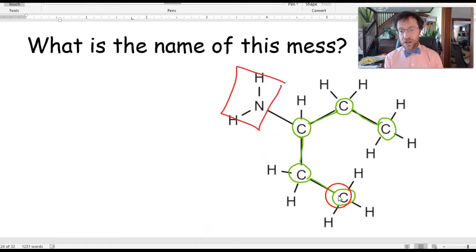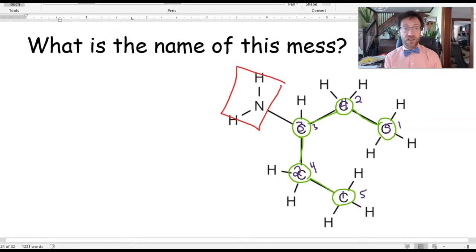This is my amine group. So I'm going to start counting from this side and number this 1, 2, 3, 4, 5. Okay, so that gives this number 3, and I'm going to number this way, 1, 2, 3, 4, 5. It looks like it doesn't matter at all which direction I start naming.